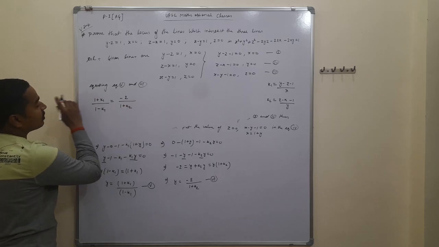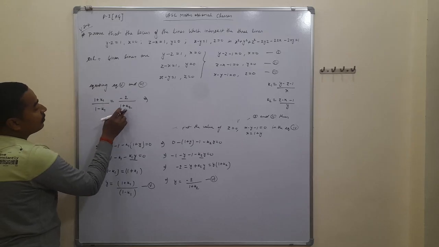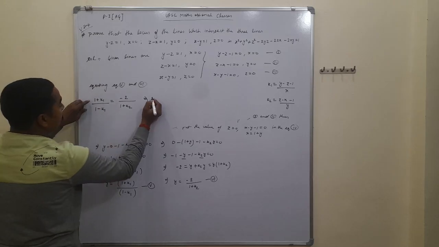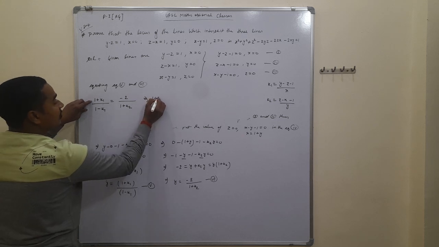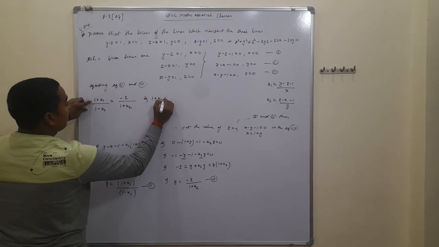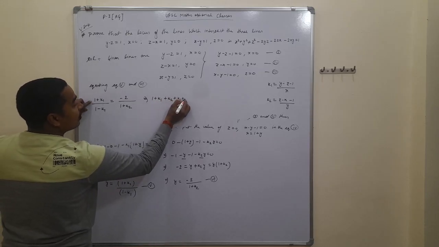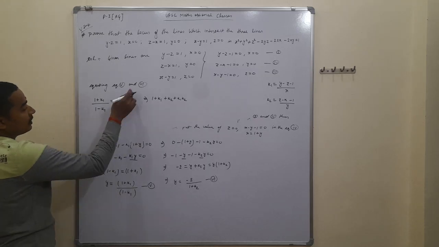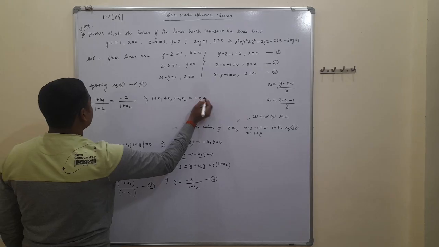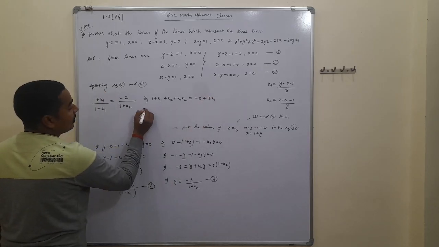From here we do cross multiplication, that is 1 plus k1 multiplied with 1 plus k2, that is 1 plus k2 plus k1 plus k1 k2, equal to minus 2 and plus 2k1.